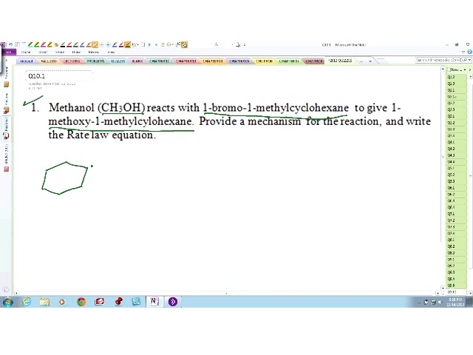Cyclohexane is the base name, with 1-bromo and 1-methyl. That is the starting material, and in this case, we will call it the substrate.